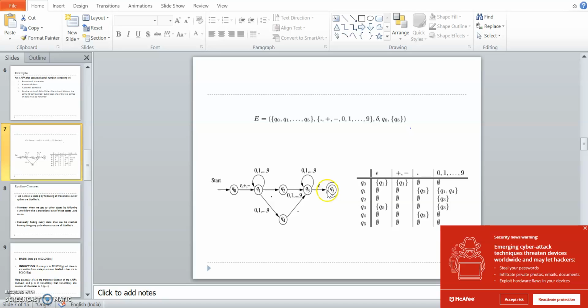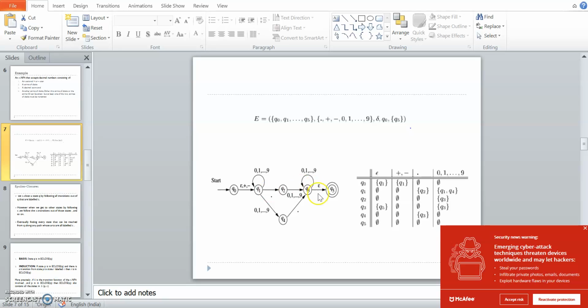Here, in between, we have introduced another state. After epsilon, there may be digits, with or without plus or minus. Is there a need to introduce this state? Yes, it depends upon the input.